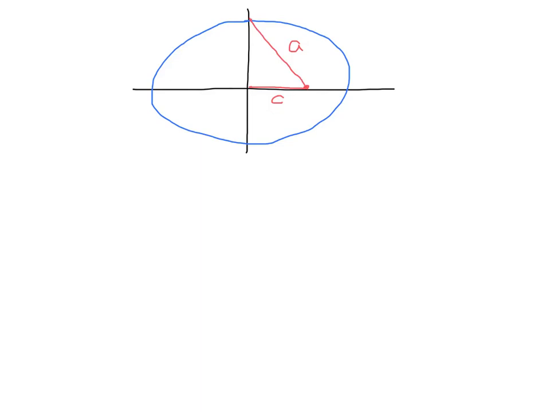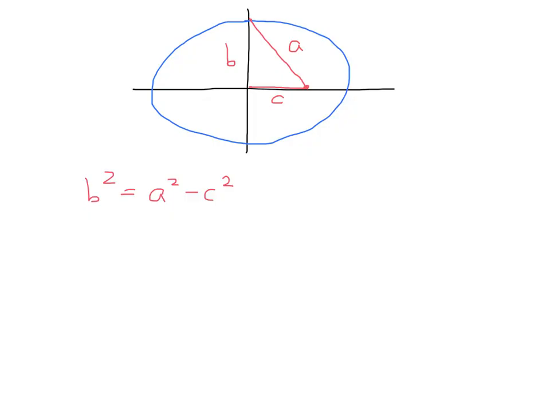So here we draw out the ellipse. So remember that one focus is over here at c, and we know the length from here to here is a. And so we just go ahead and define b to be this part over here. So we get the equation b squared is equal to a squared minus c squared.